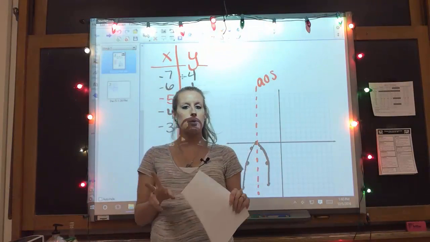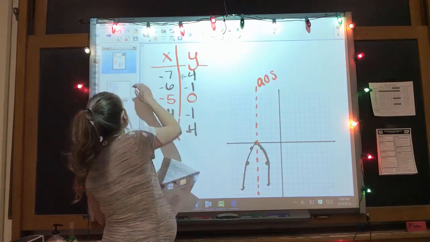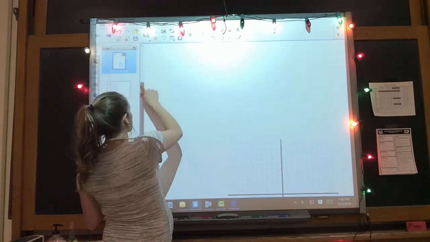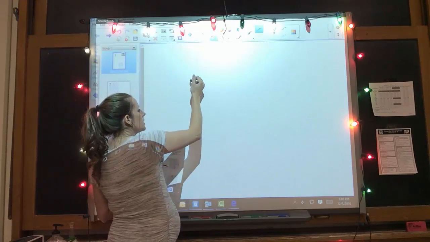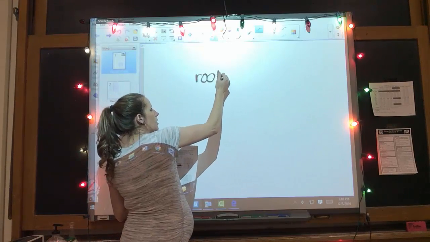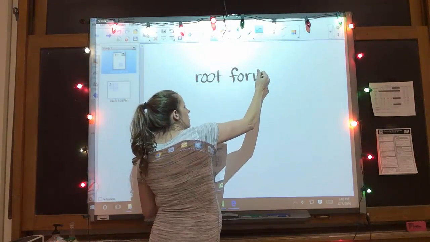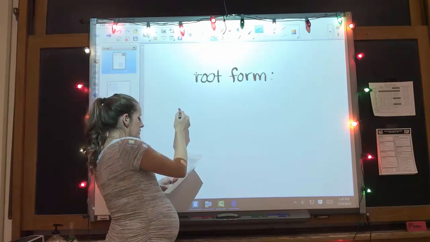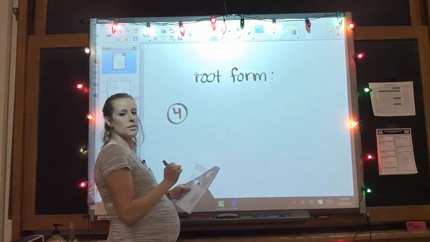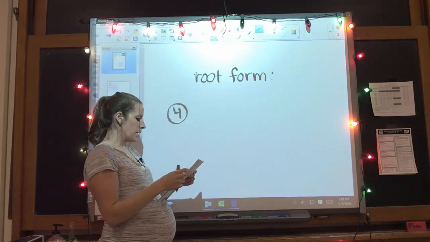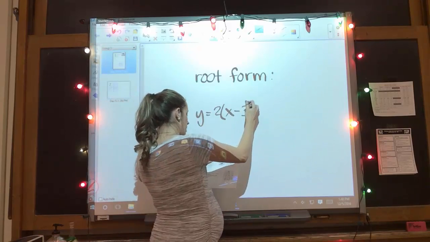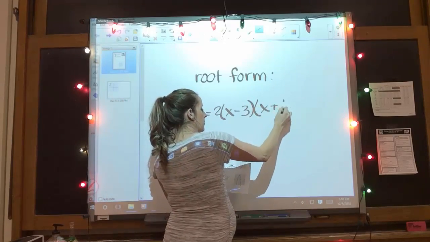Okay, the second form we're going to learn is root form. Root form is going to tell you what your roots are. So let's look at number 4, that first example on root form. We have y equals 2(x minus 3)(x plus 1).